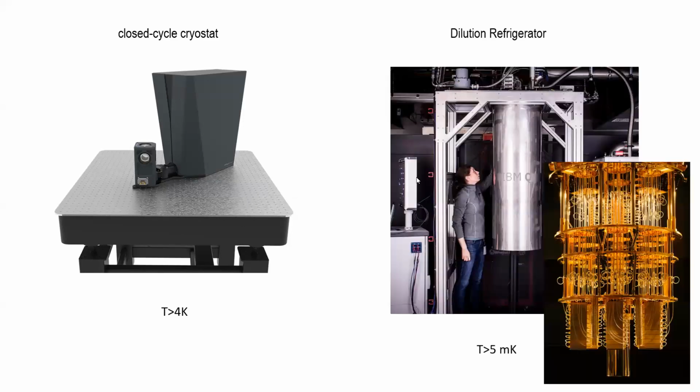so it's easy to use and so on. Compared to other systems used in modern quantum computing, this system is called a dilution refrigerator, because the operating principle of this machine is based on dilution of the isotopes of helium.